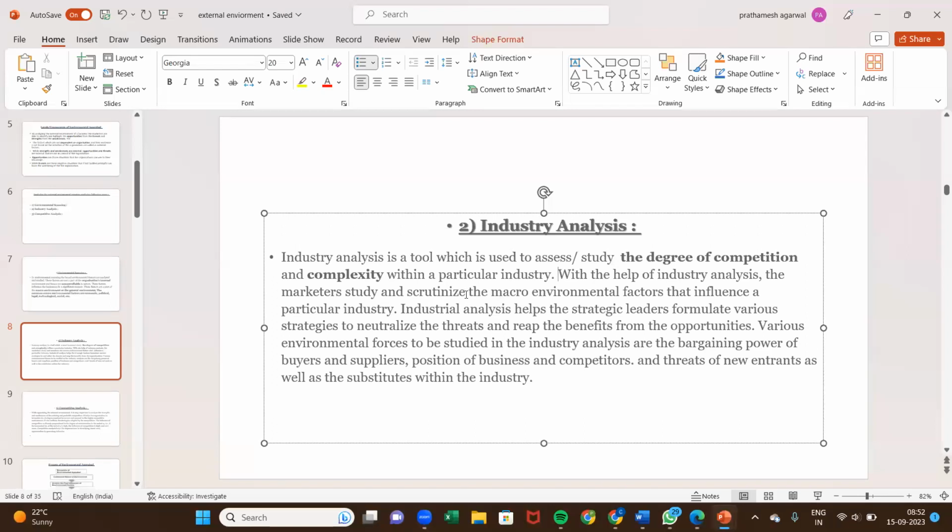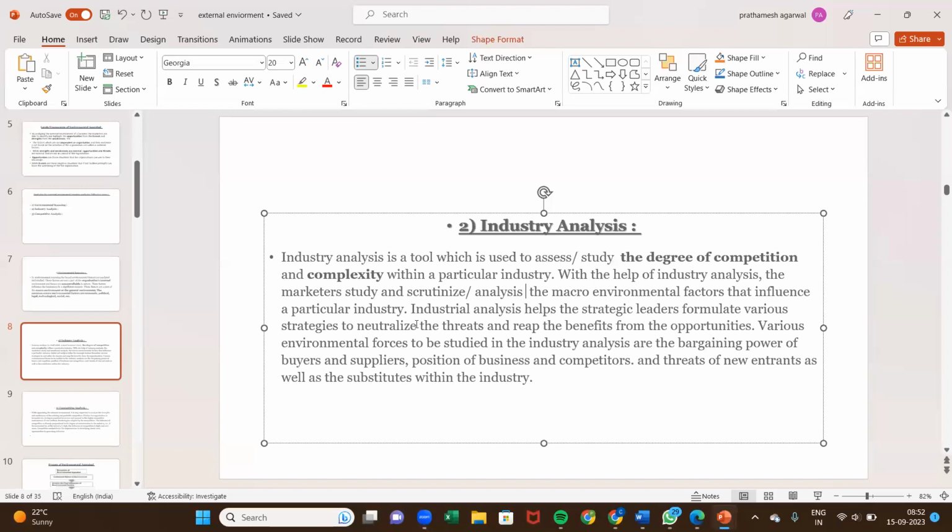Scrutinize means they analyze. Scrutinize is to analyze thoroughly the macro environmental factors that influence a particular industry. Industry analysis helps the strategic leaders formulate various strategies to neutralize. To neutralize means to take care.